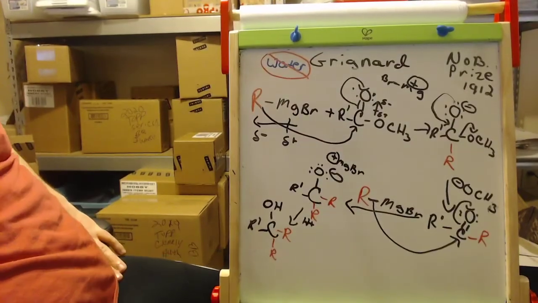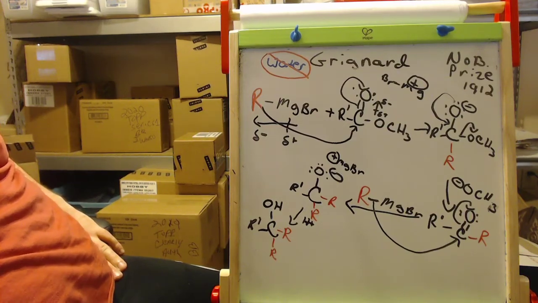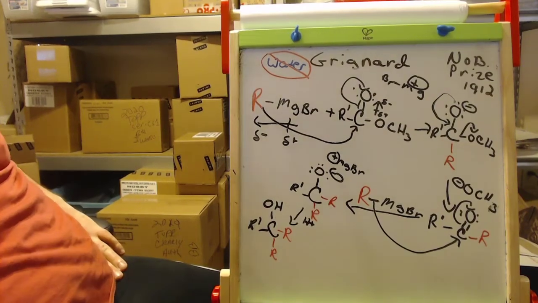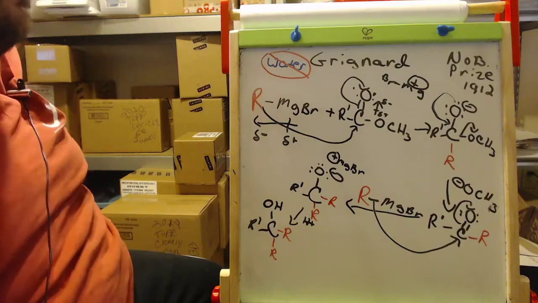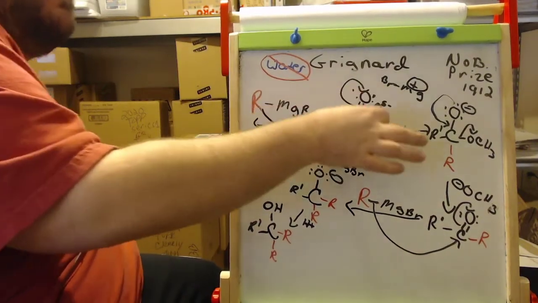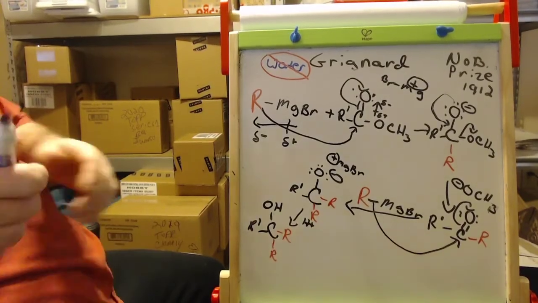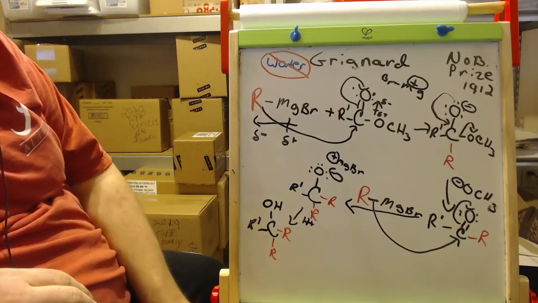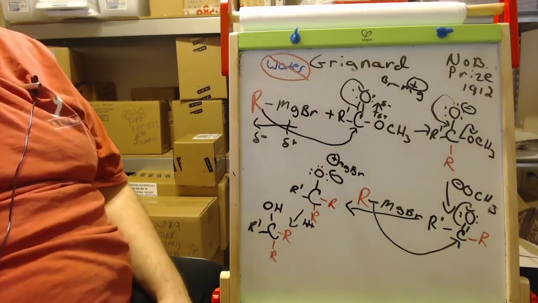So this is a pretty cool reaction that ends up creating an alcohol, and you end up creating it from starting with an alkyl halide, treating it with magnesium in anhydrous conditions, so lack of water, ether, creating your Grignard reagent, and then combining it with a carbonyl carbon of an ester, a ketone, or an aldehyde. All right, questions on that?